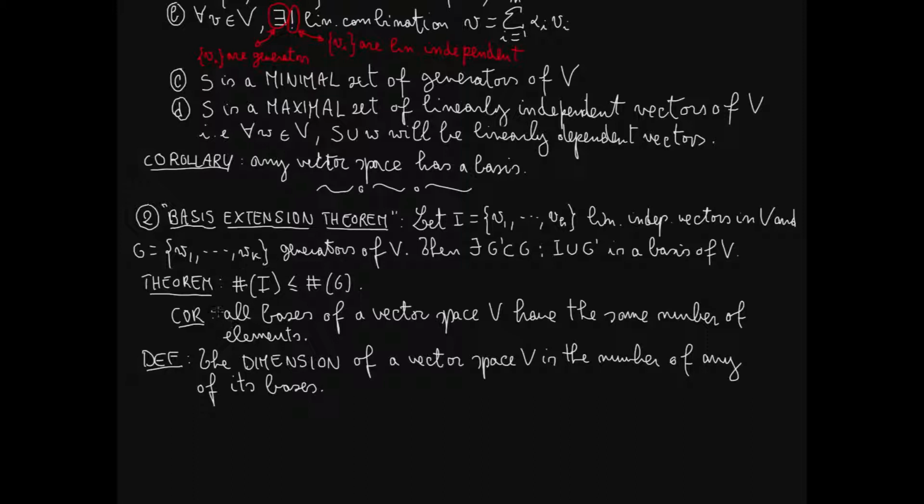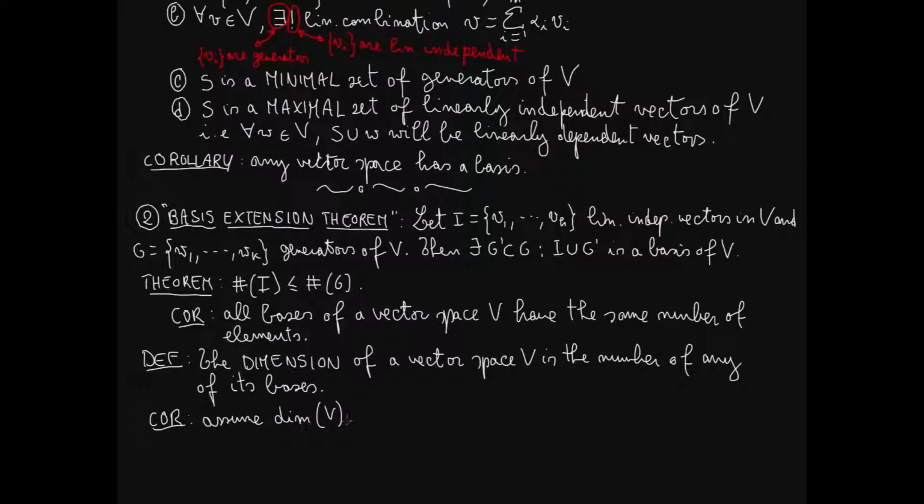The last result we will state in this lecture is still a corollary, and is as follows. So we assume the dimension of a vector space V. We will indicate the dimension of V as dim V. Okay.